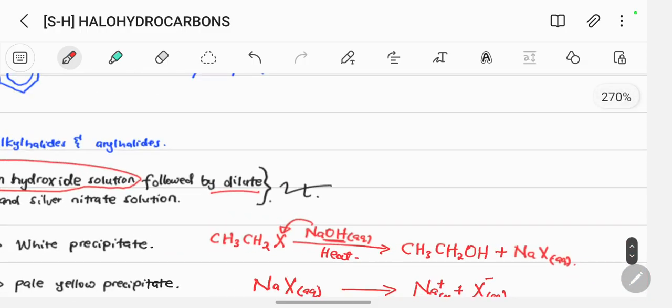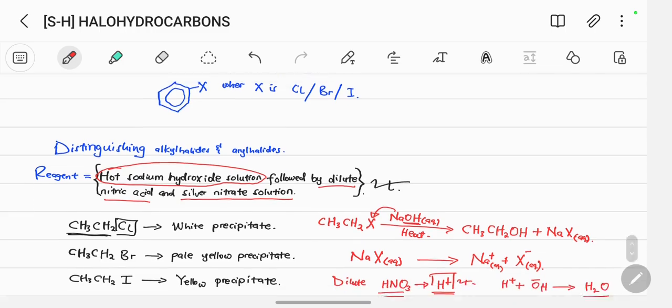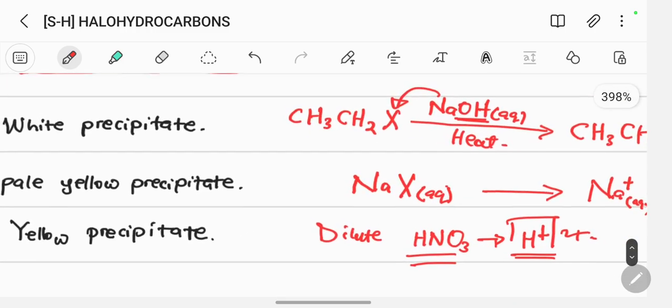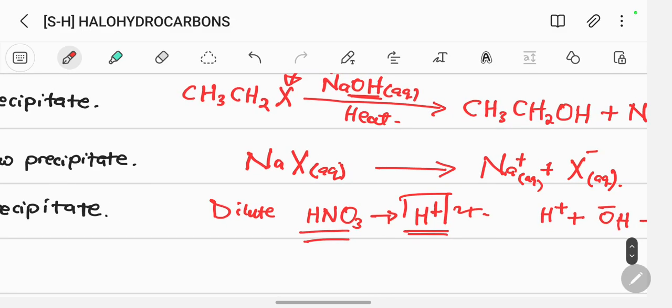Why? Because at the end, I'm going to add silver nitrate. If silver nitrate finds the hydroxide ion there, it's going to react with those hydroxide ions and give us a wrong result: silver hydroxide, which is also a white precipitate.